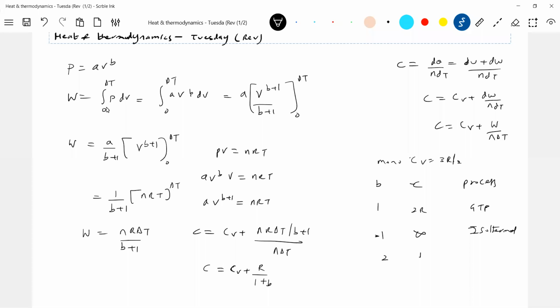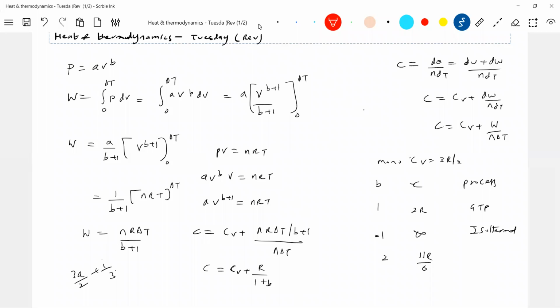This will be 3, and we'll get 2 here, and that will be 11R by 6.